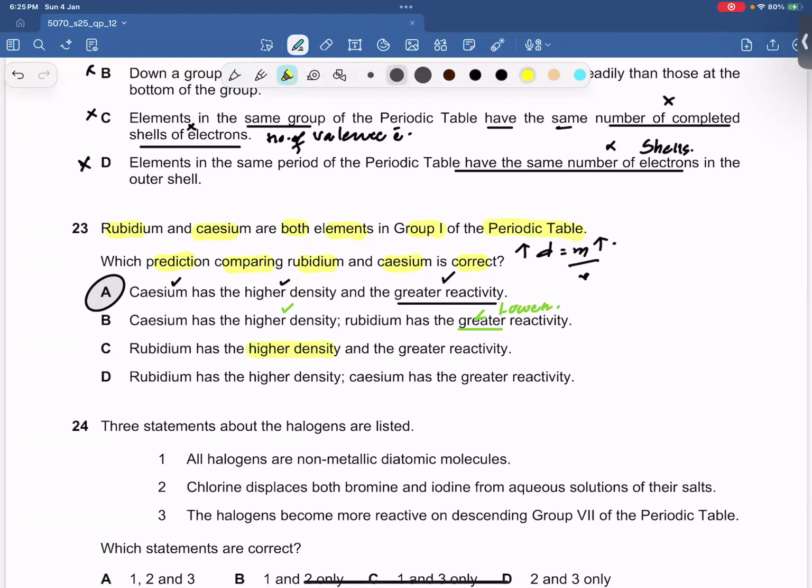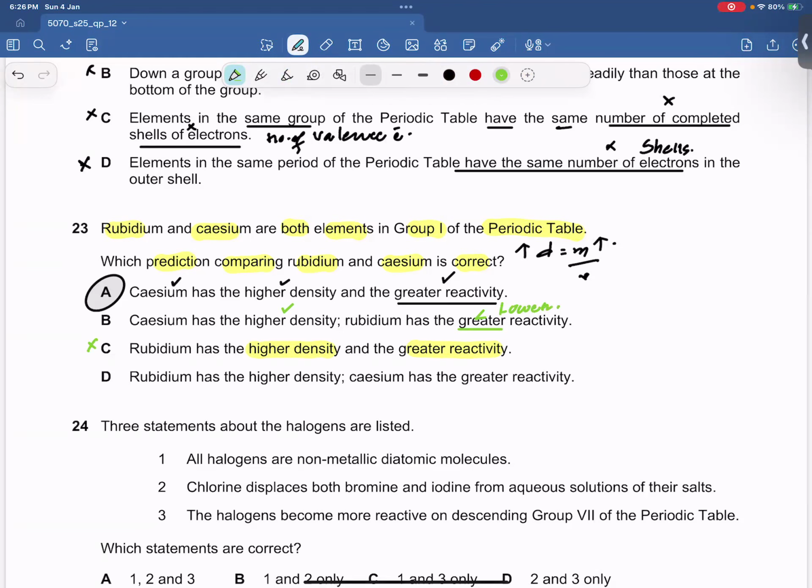Rubidium has higher density and greater reactivity. No, not at all. Rubidium has lower reactivity and lesser density as compared to cesium.